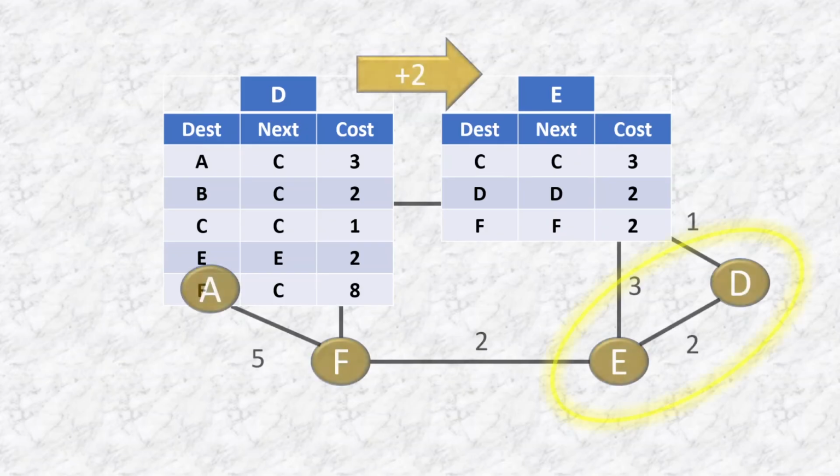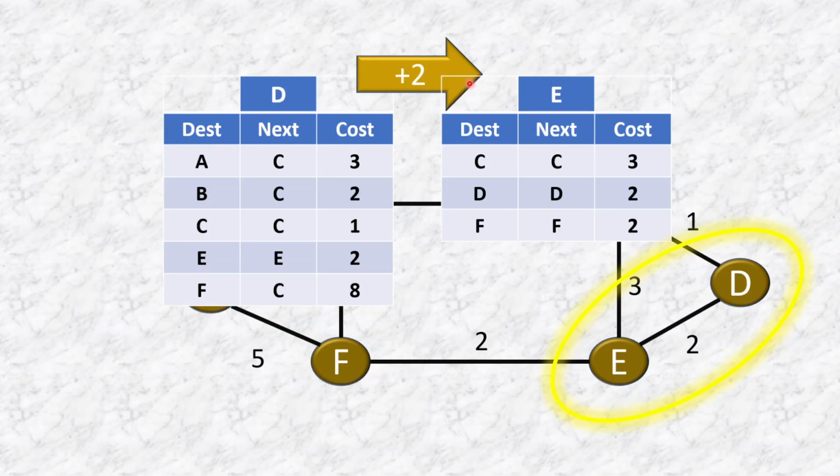As a reminder, again, the cost between D and E was 2 units. So we've indicated that by a +2. Again, this means if we want to get to any of these destinations using node D's knowledge, then we can simply send a message to node D, and node D will use its knowledge to get to the eventual destination.